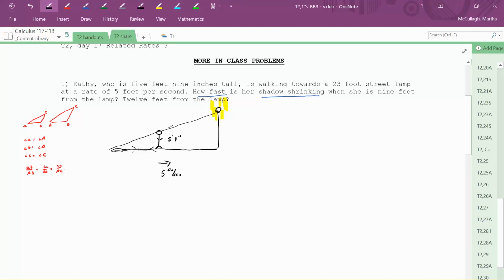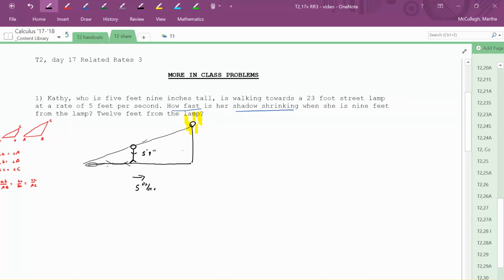So we might want to call this distance from Kathy to the street light X. We know that this is 23 feet tall, and that's not changing. We'll call that Y. And we'll call this length of the shadow A. You might want to use an S. I never do because my S's always look like 5s.